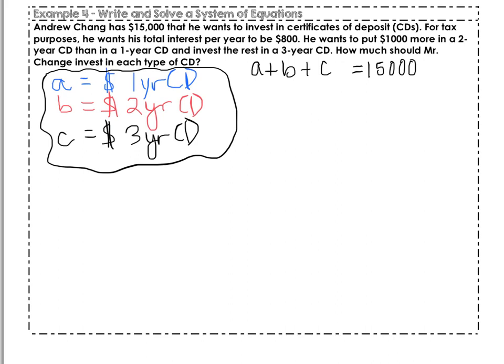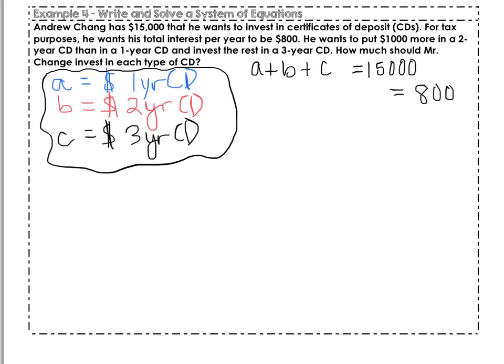Another piece of information that's necessary is a table, like I said, but in the second sentence it says, for tax purposes, he wants his total interest per year to be $800. So once again, we want the total to be $800, but when calculating interest rates, it's going to be per the amount of money of a CD, okay? So you're going to take those percents.